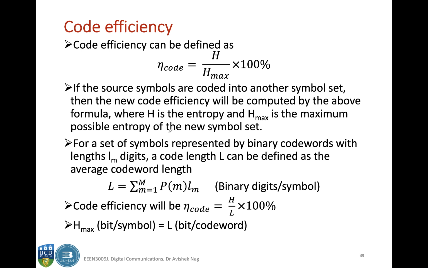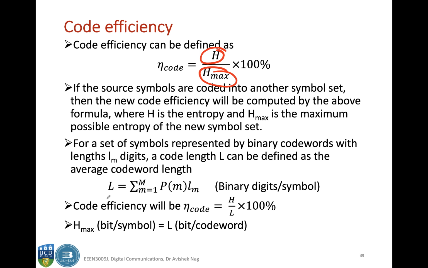So we can define code efficiency by the actual entropy of the source divided by the maximum entropy times 100%. Okay, so if the source symbols are coded into another symbol set, then the new code efficiency will be computed by the above formula, where H is the entropy and H max is the maximum possible entropy of the new symbol set. Okay, so for a set of symbols represented by binary code words with length LM digits, a code length L can be defined as the average code word length.